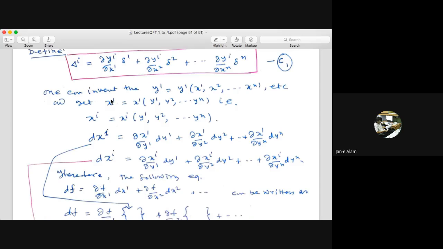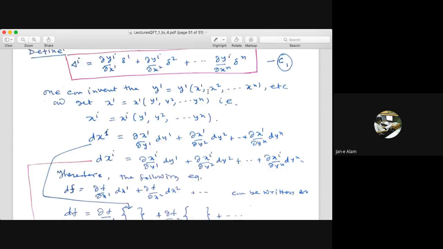So this is contravariant. Now for the covariant vectors, again, y1 is a function of all these quantities. Now I can invert this relation and write x1 as a function of y1, y2, up to yn.